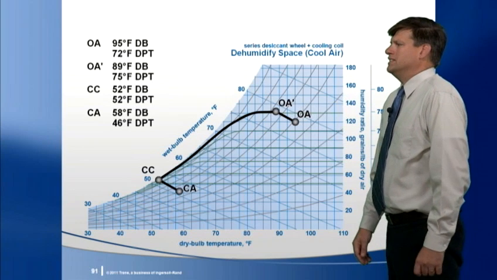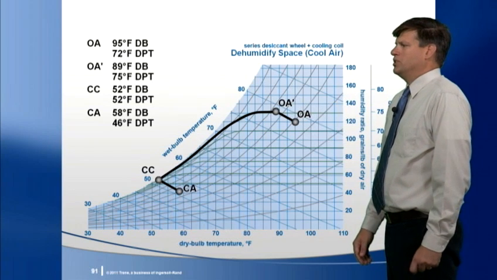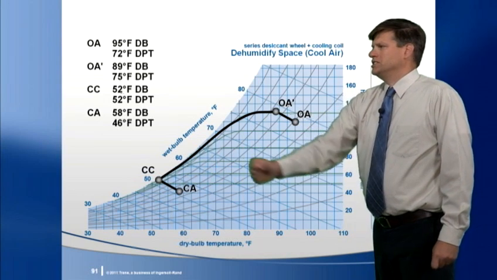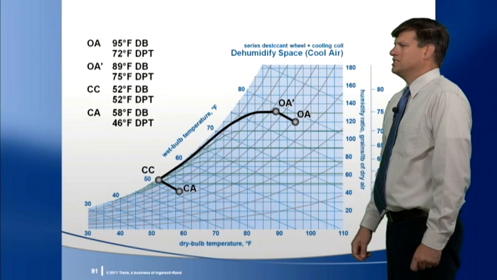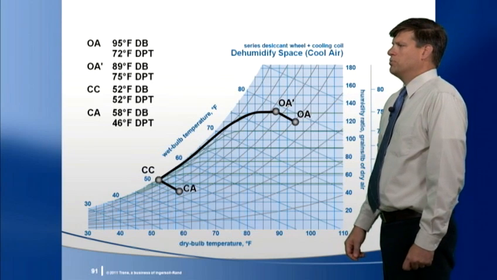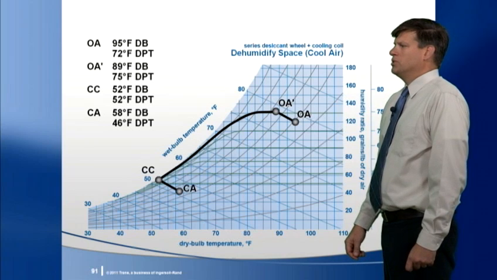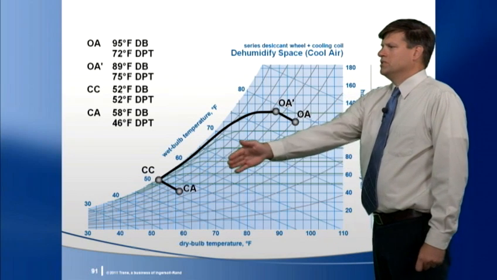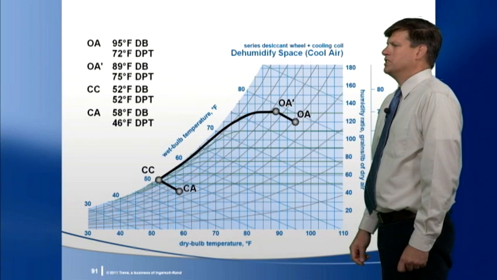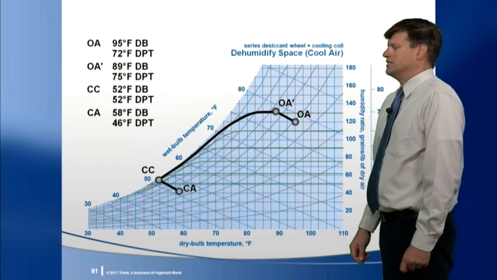For this process, it's easiest to start looking at the air leaving the cooling coil. Air leaves the cooling coil near saturation. At this high RH, the desiccant will have a high affinity for water vapor, so water vapor is absorbed from the airstream. This lowers the dew point from 52 to 46, while raising the dry bulb temperature from 52 to 58.